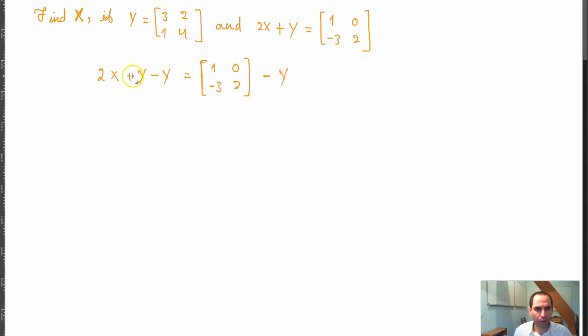Then y minus y is equal to 0, so you can write 2x plus 0 is equal to 10 negative 3 2 minus y. 2x plus 0 is equal to 2x, so 2x is equal to 10 negative 3 2 minus y.